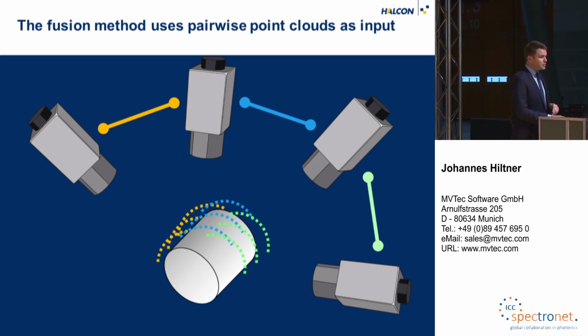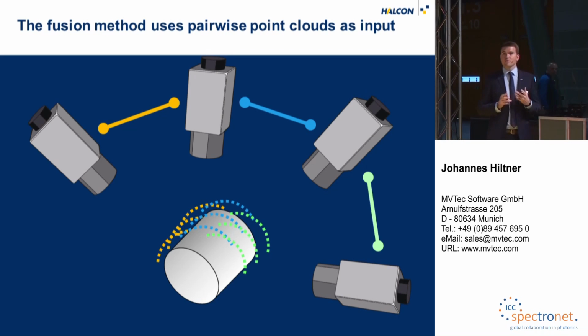The downside of this approach was that even though we used multiple cameras, we only used stereo image pairs to do the stereo reconstruction. And this resulted in multiple point clouds, which were put just blindly together.